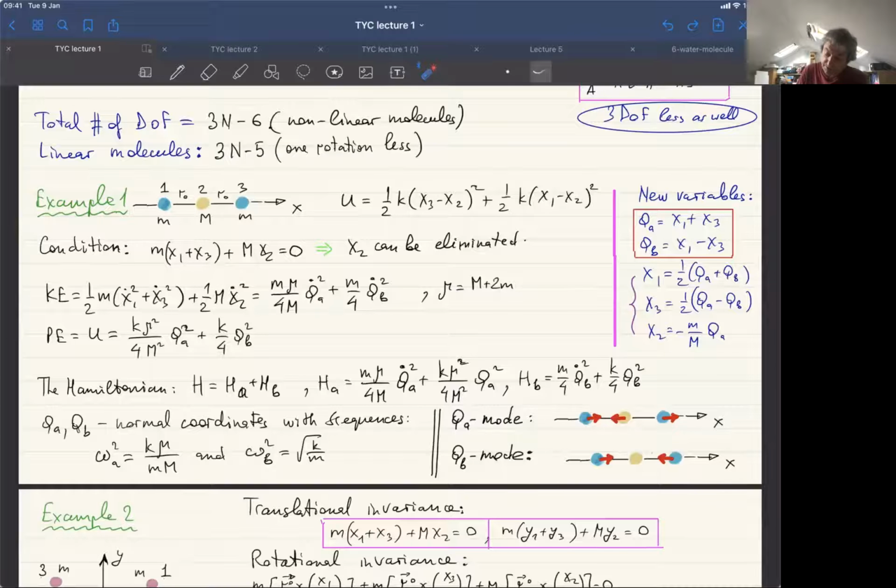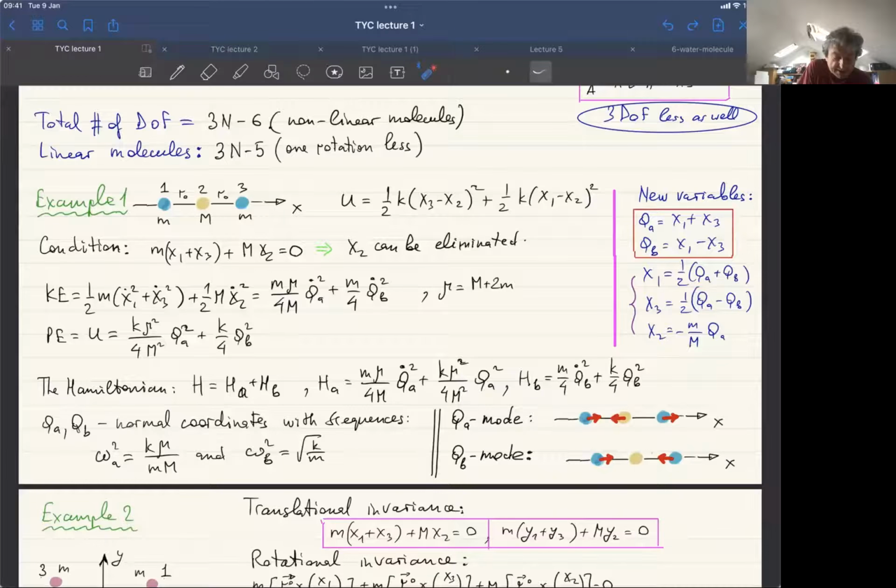For that, what I need to do is to look at that formula. So if I excite only the QA mode, that means the QB mode is 0. So this is 0, this is 0. Then we have x1 and x3 being the same. You see, they move synchronously together, but x2 moves in the opposite direction, minus QA.